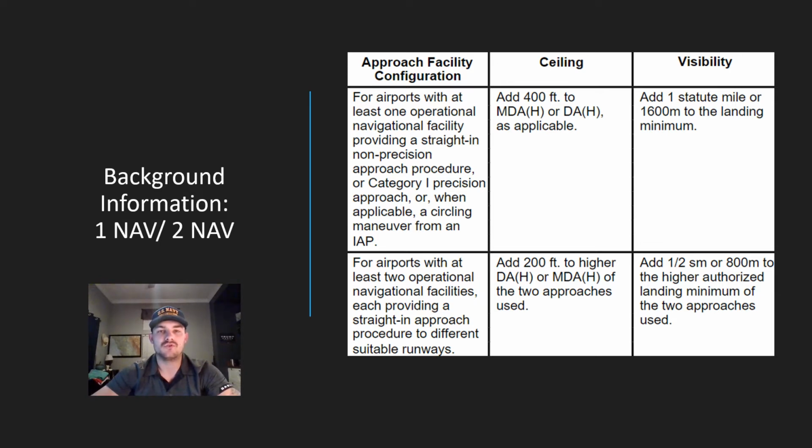The second method, or 2NAV, explains that for airports with at least two separate approaches, we add 200 feet to the higher approach's minimum descent altitude or decision altitude, and 1/2 mile to the approach with the higher minimum visibility. For the 2NAV method, the two approaches being considered must be two separate runways and have separate nav aids.